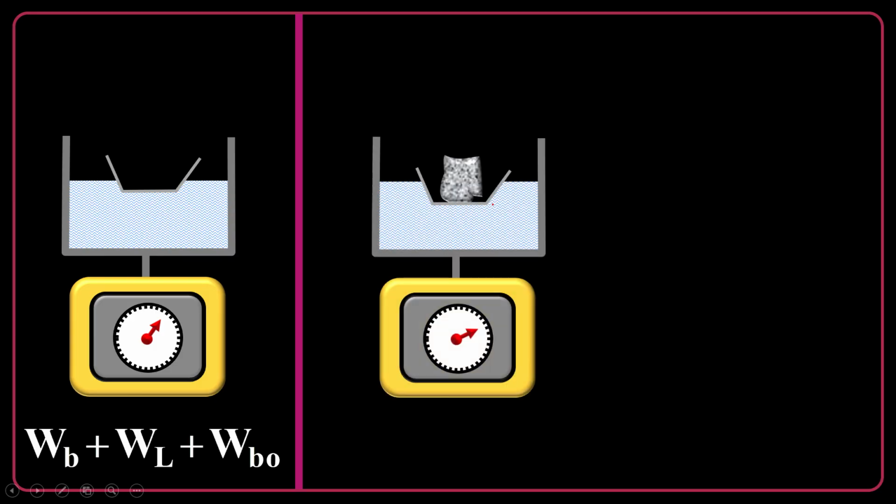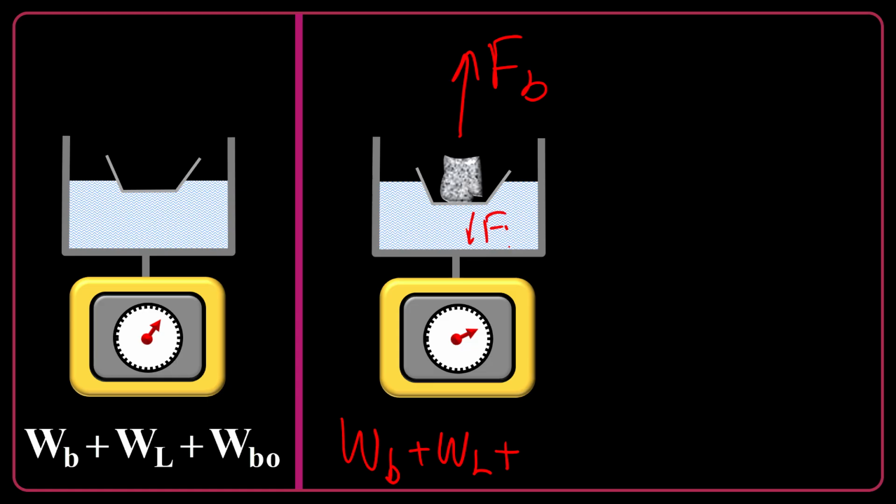Then I have an additional load, a piece of stone, on the boat. And the boat is holding that and can suspend it. What do you expect here? Weight of the beaker, weight of the liquid, and here I have the buoyancy force. The reaction of the buoyancy force goes back down to the beaker, and it's sensed here.